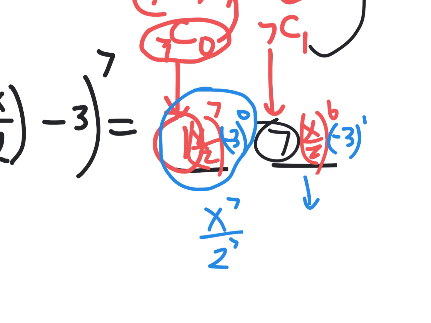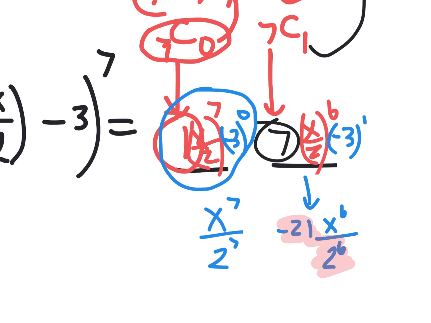This term is a little more complicated. It's 7 times 3 is 21, and it's negative, so it's negative 21 x to the 6th over, remember, that's a 2 to the 6th. And if they asked you what the coefficient was, everything that's not the variable is the coefficient.